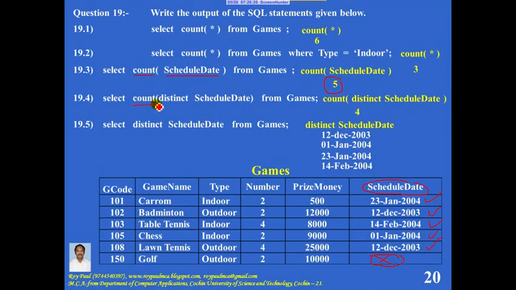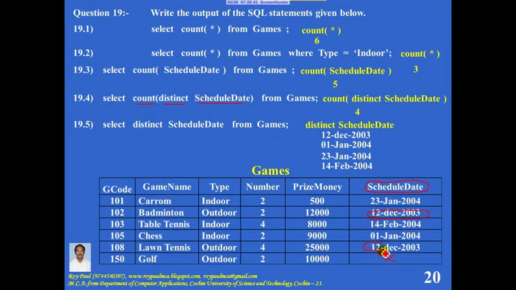Now along with count function, if I write distinct followed by a column name, the missing entry in that column will not be counted and the duplicate entries will be counted only once.